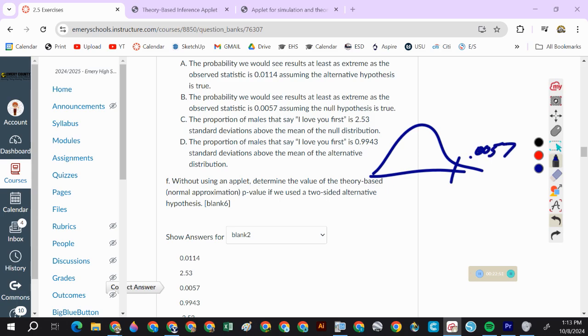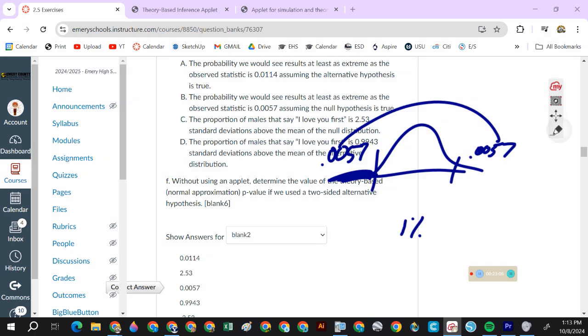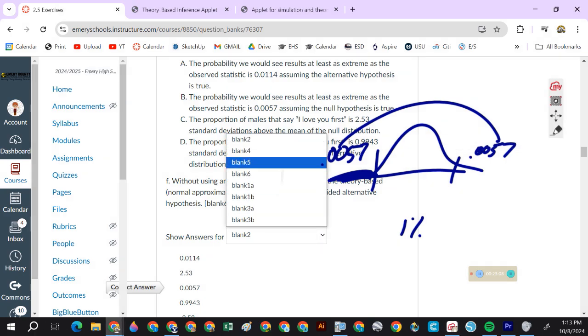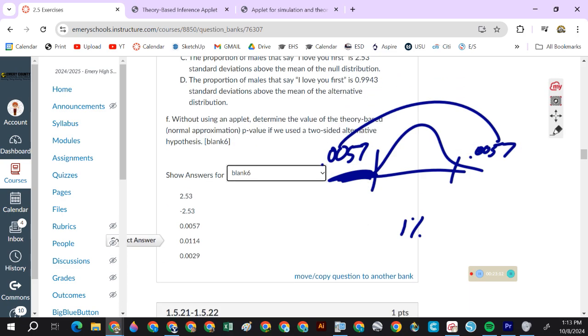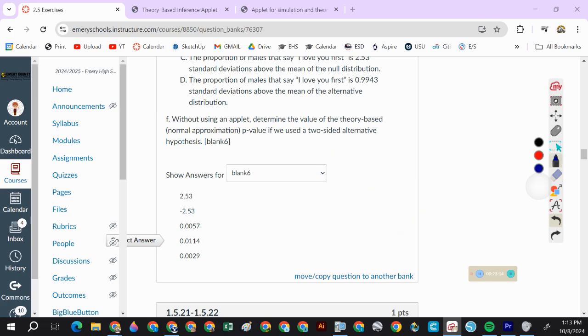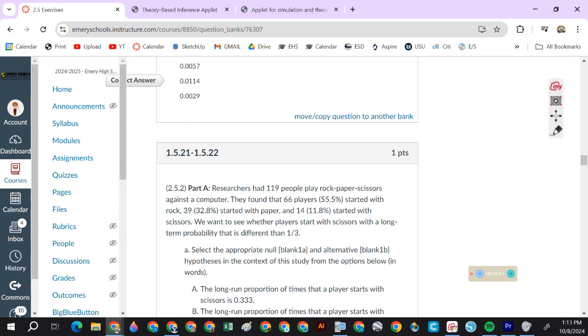If we turn it into a two-tailed, we have to add over here, which is also 0.0057. And we would add those together to get about 1%. So blank 6. There it is, 0.0114. Okay.